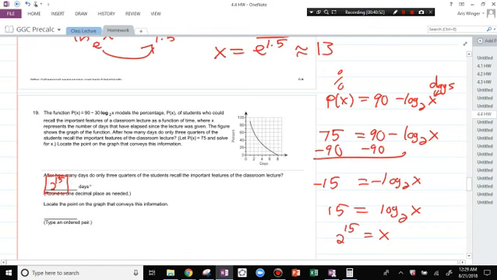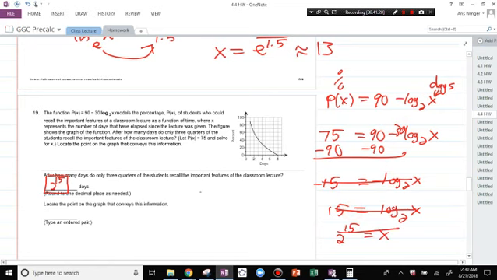It takes a long time for that to get to 75, because log base 2, wait, no, that's not fitting at all. Wait, what has happened here? Oh, there's a 30 here. That 30 would be helpful. All right, great.